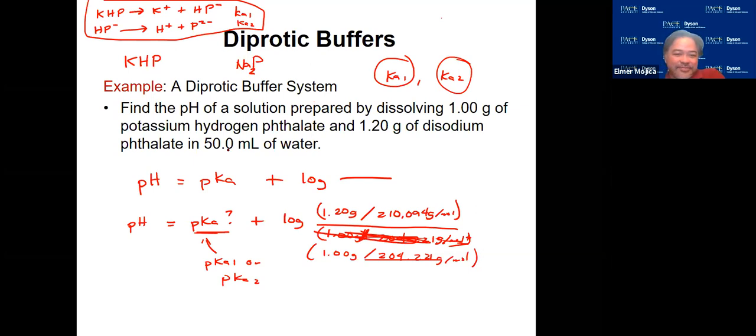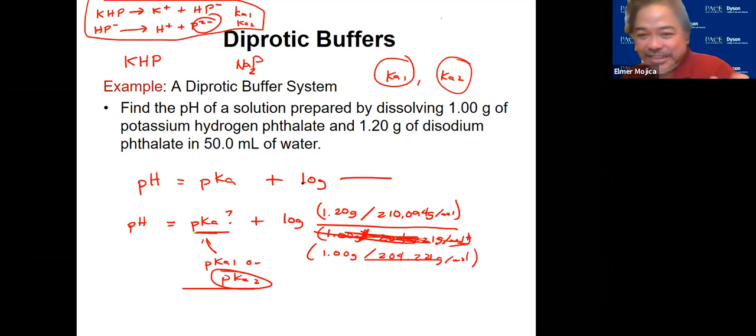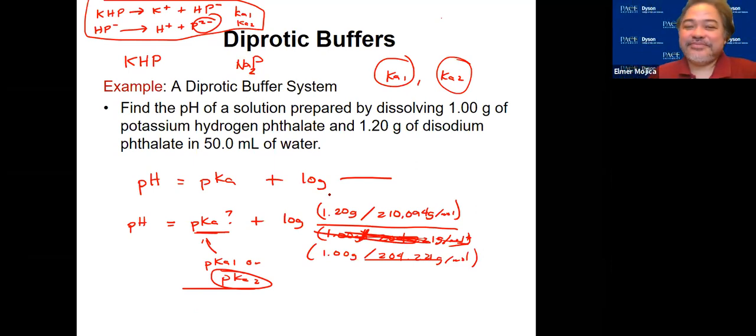So remember, the system that you have there would have what? An HP minus coming from KHP and a P2 minus coming from Na2P. So you're going to use the second one. Because in the exam, I can give you Ka1 and Ka2, and if you didn't understand the question, you're going to answer it using Ka1 or Ka2.